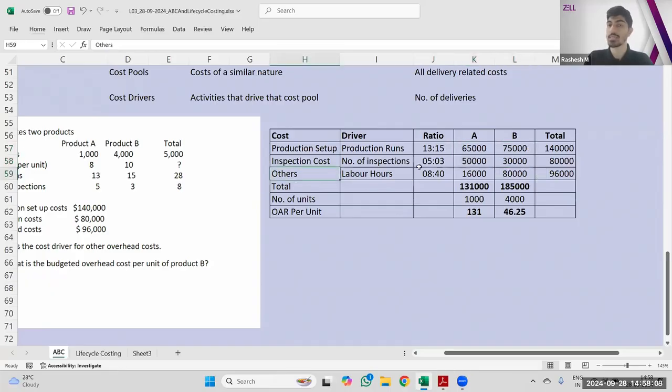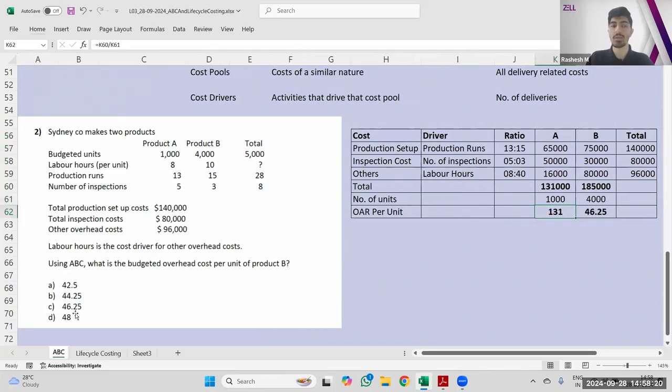But if you use absorption costing, all the cost would be put on B. A will look very cheap, which is actually not the case. All right. So your answer for B becomes 46.25.